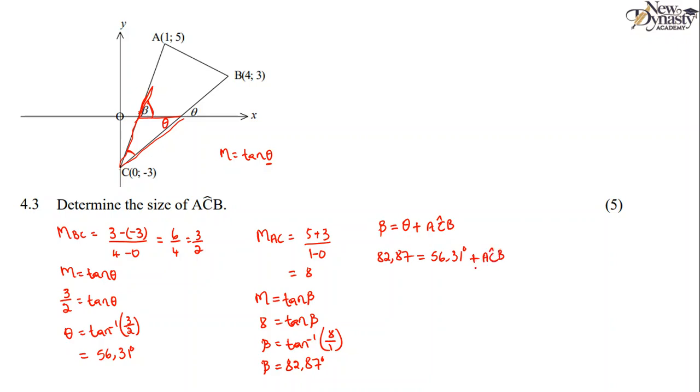So from there you can just subtract 56.31 on both sides. Therefore your angle ACB is going to be equal to 26.56, and that's how you do that.